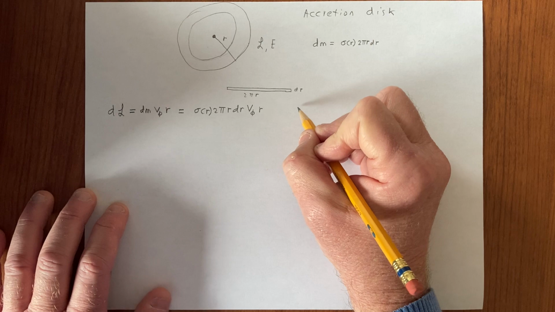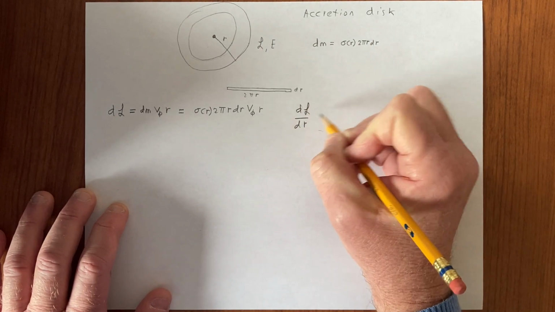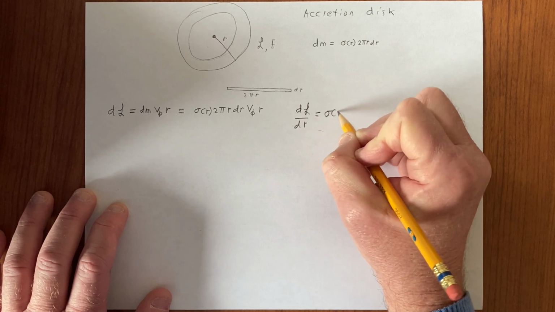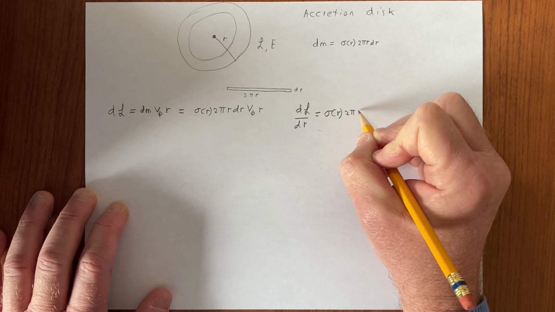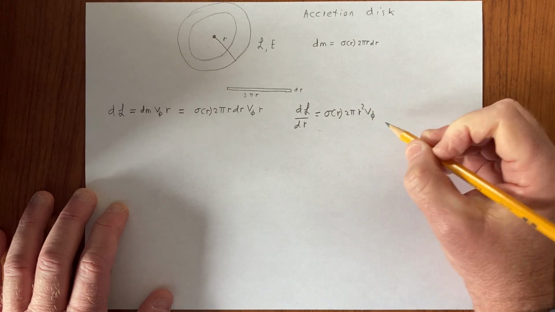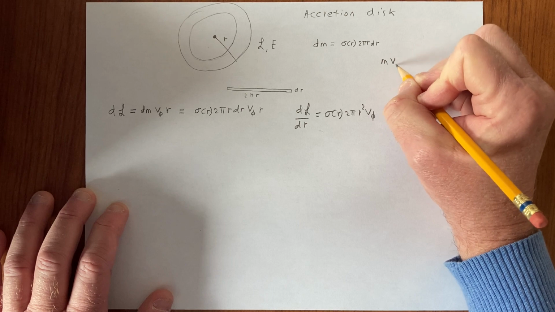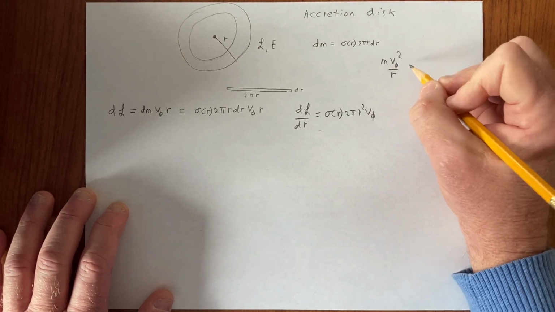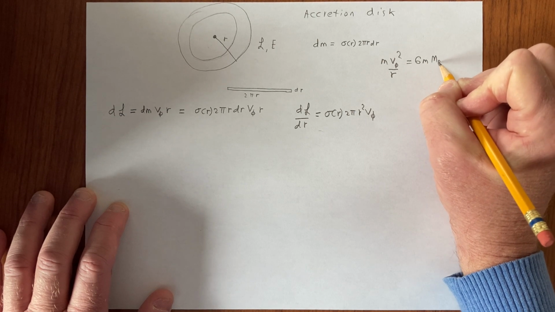So we can think of the distribution of angular momentum as a function of r, or the rate of change of angular momentum in r, as given by the density, 2 pi, we have an r squared times v phi, and what's the v phi? Well, we're circular orbits, we have m v phi squared, right? That's ma for circular orbits, and that's equal to the gravitational force due to the black hole.